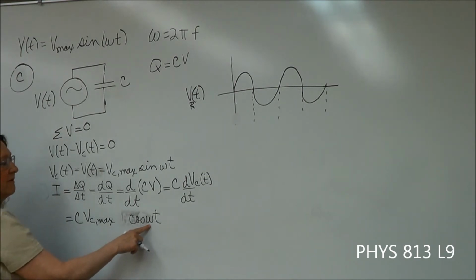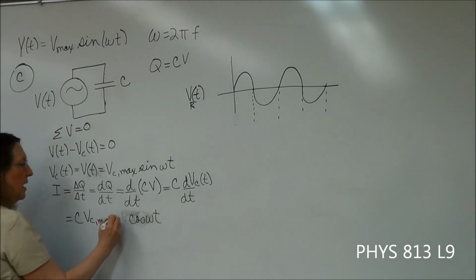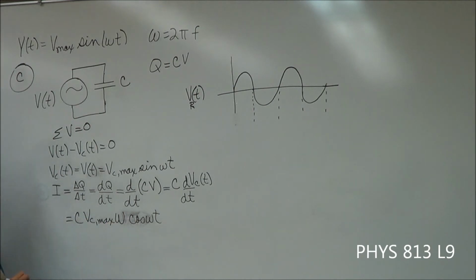So the derivative of omega t is omega, and we're going to put the omega right there. Now we have an expression for current, and I need to make that a function of t. So our current, and it's across the capacitor, so we'll get all the subscripts in there.